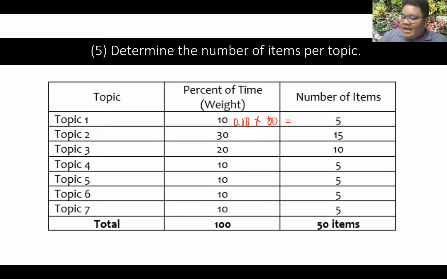That's why it's equal to 5. This one class is 0.3 times 50. That's why it's equal to 15. Pag sinabi ko naman 0.2 times 50, that will be equal to 10. Okay, so on and so forth. That's how you determine the number of items that will be given for a specific examination or for a specific topic that you will be covering.